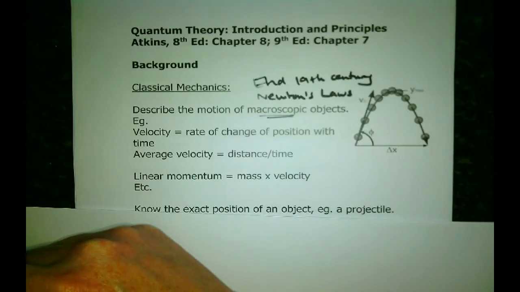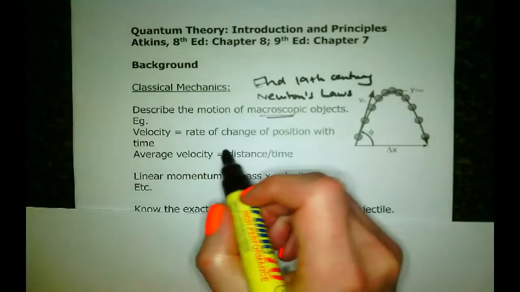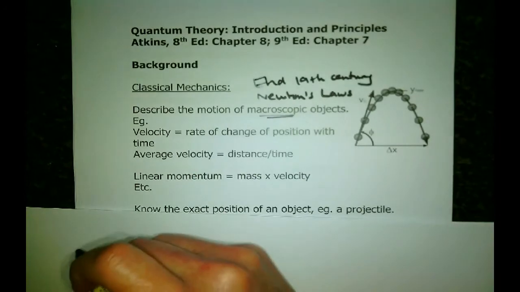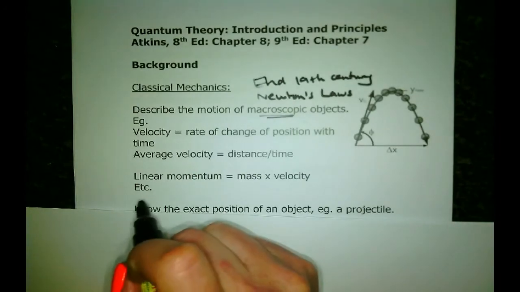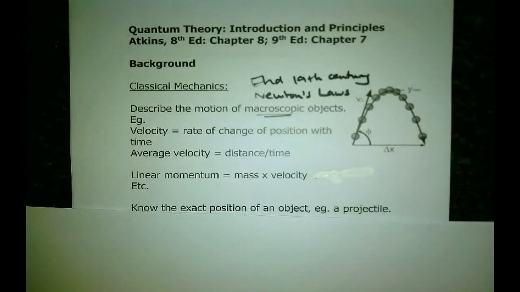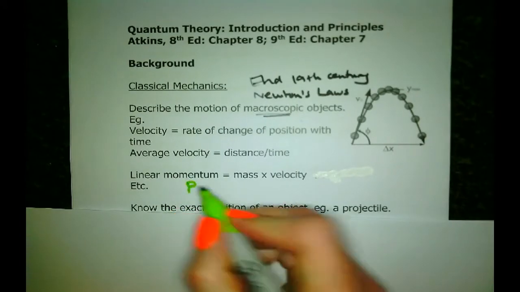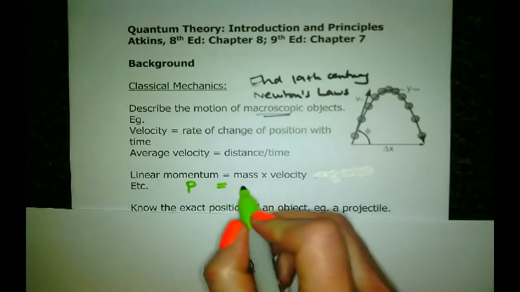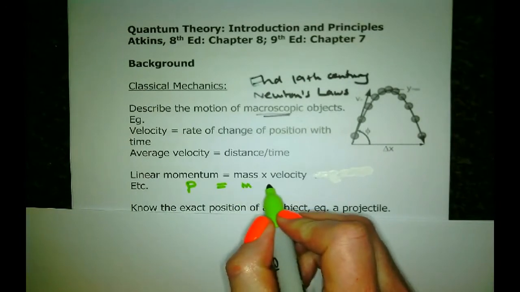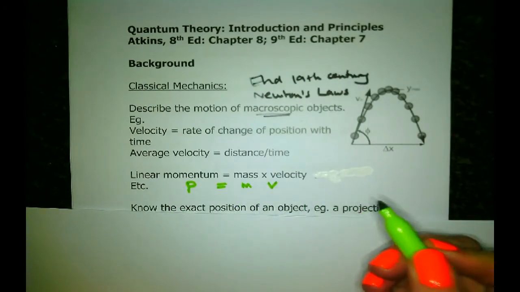We have equations for velocity, which is the rate of change of position with time. We can get average velocity. We have an equation for linear momentum, which we're going to indicate with the symbol p, is mass m times velocity v.